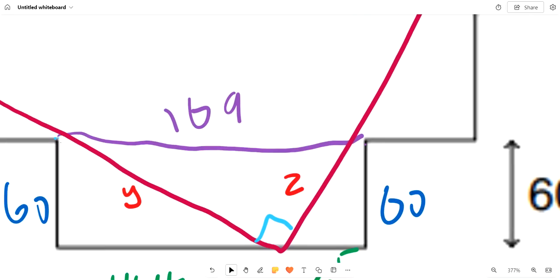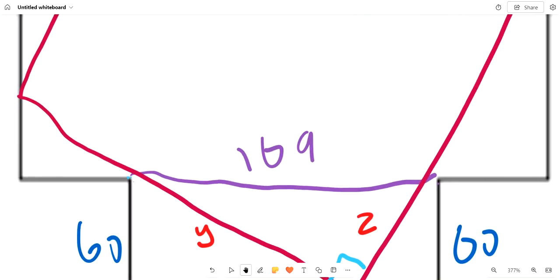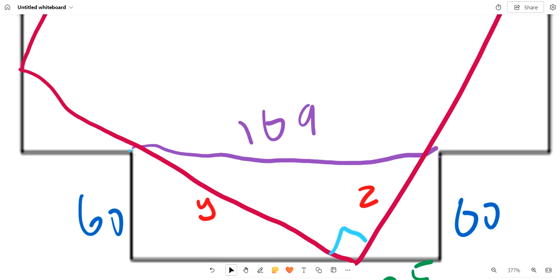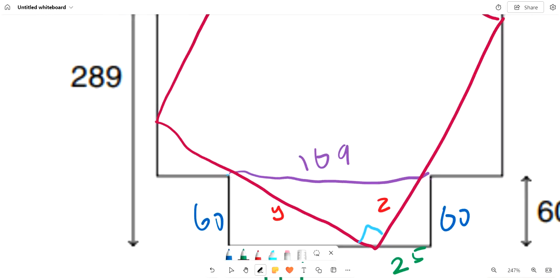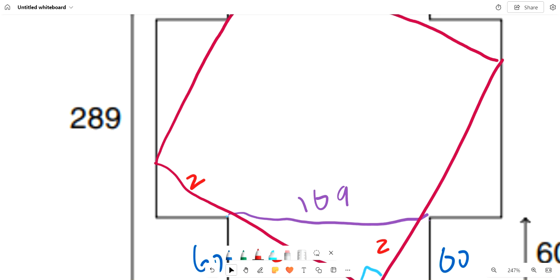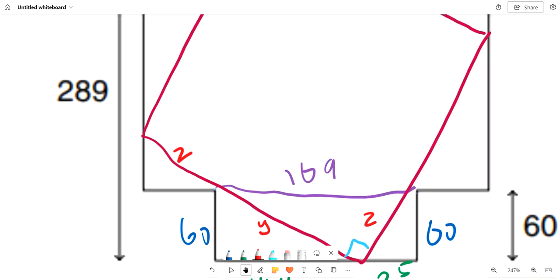And to find the side length of the square, all we have to do is find y plus z because this part is also z, because we want it to be as symmetrical as we can.